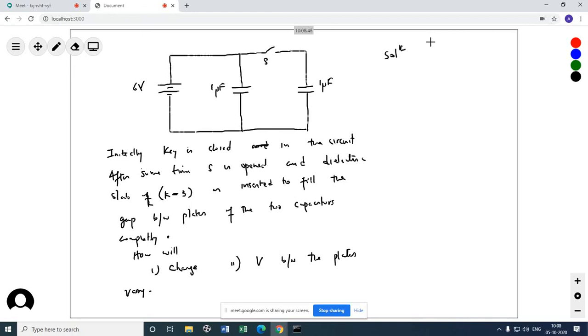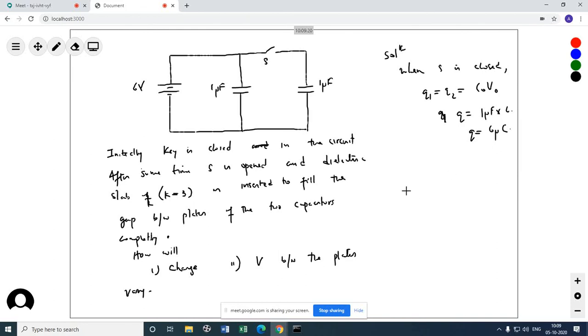So again same way, when the key is closed, you can easily find Q1 equals Q2 equals C0 V0. I'll just take this as Q. So Q would be 1 microfarad into 6, that is 6 microcoulomb.